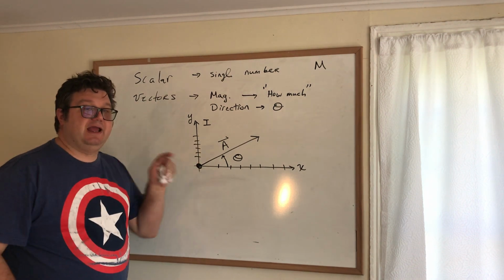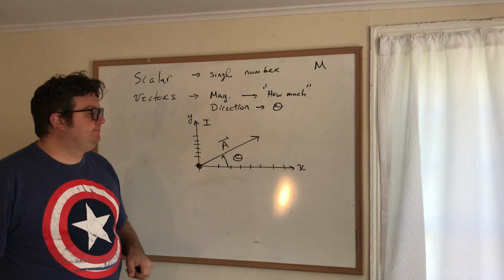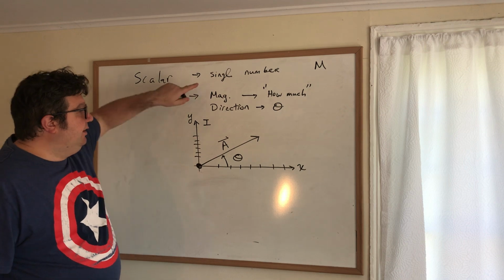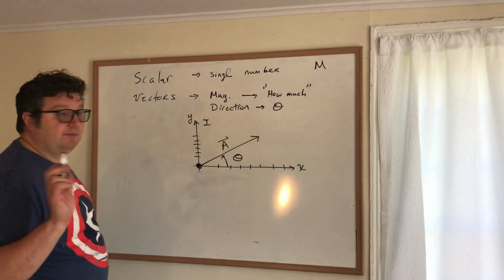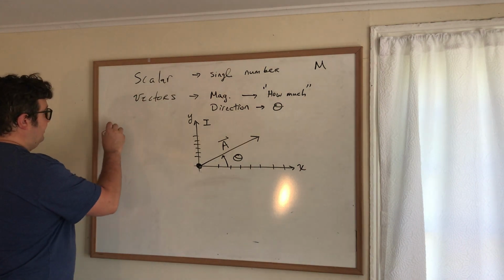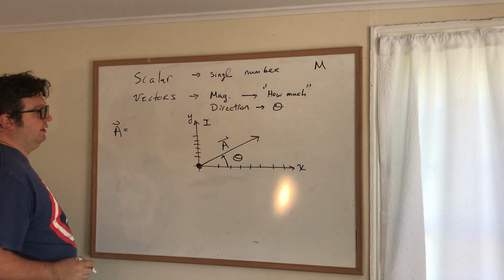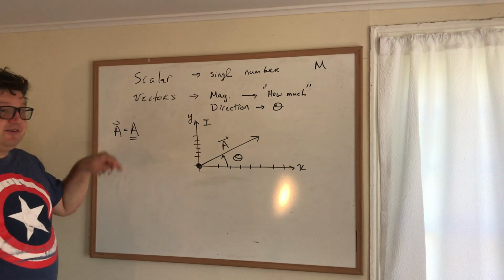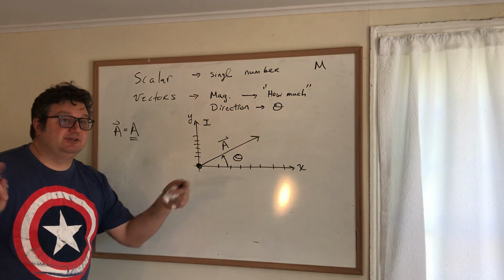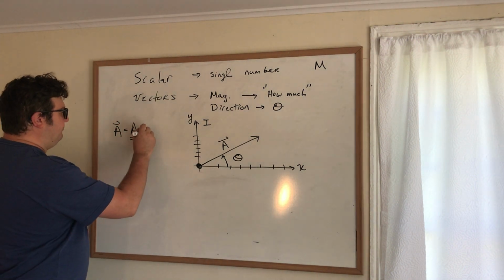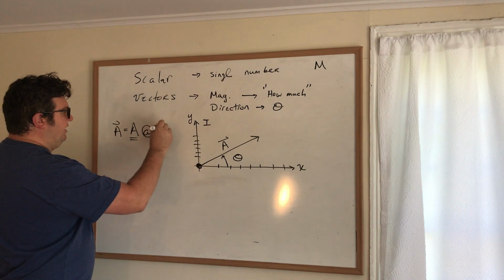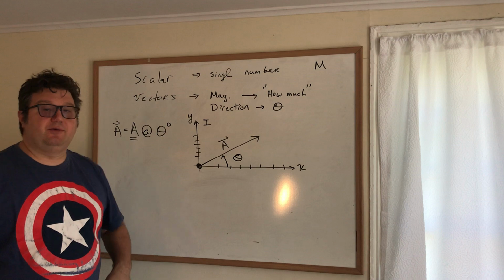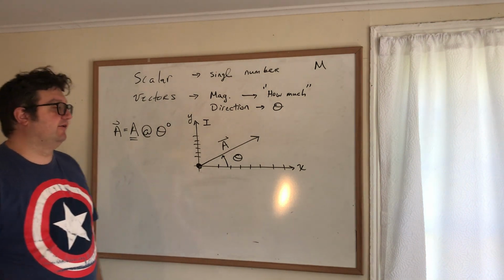You have both magnitude and direction, right? You're special. Okay, so I could say my vector A is equal to a magnitude A, right? Notice there's no hat on the magnitude, at theta degrees, right? So there I'm giving a magnitude and a direction. That's one way to write a vector.